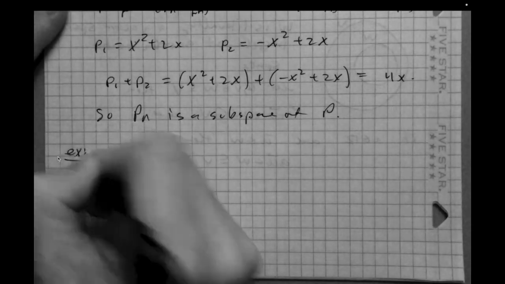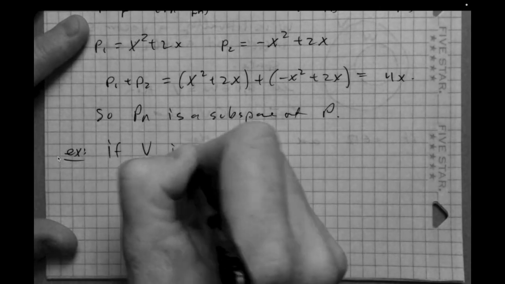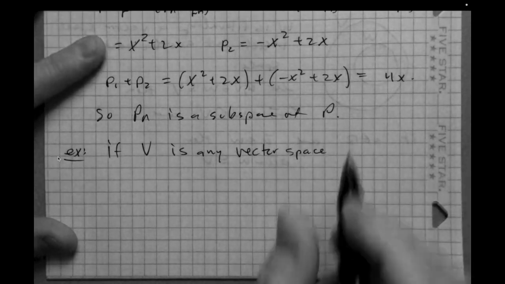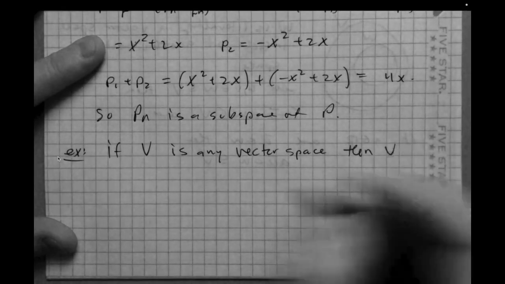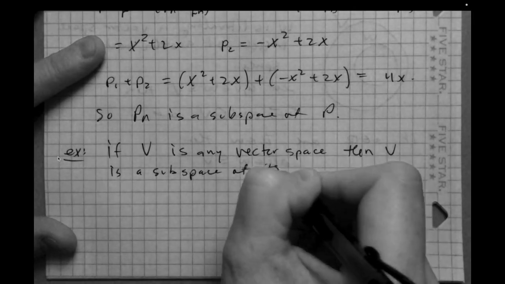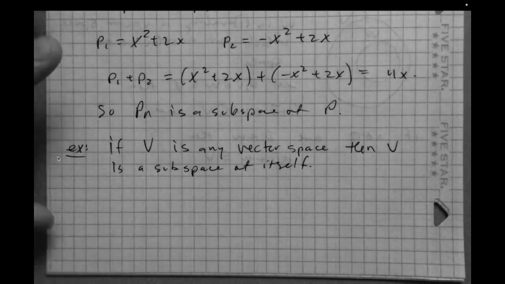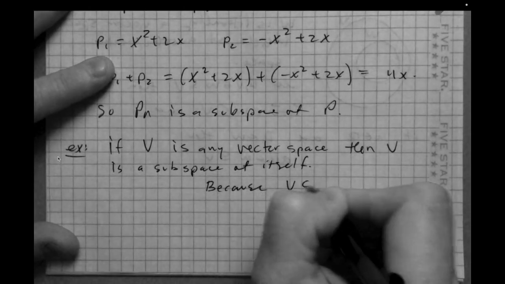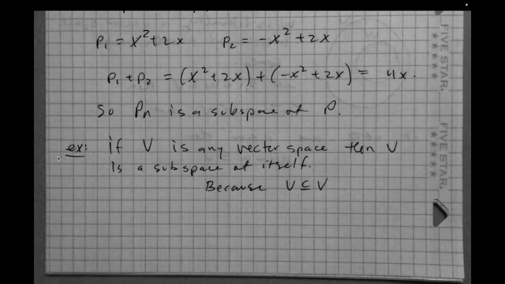Another example. If V is any vector space, then V is a subspace of itself. Why would that be? Well, because V is a subset of itself. It's not a proper subset, but it is a subset.